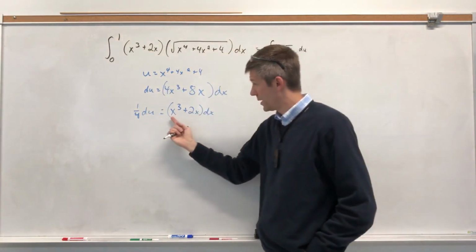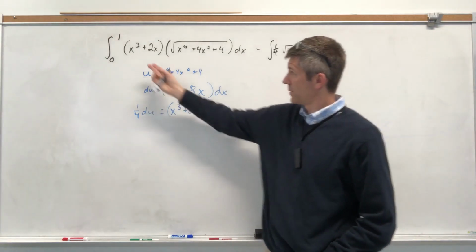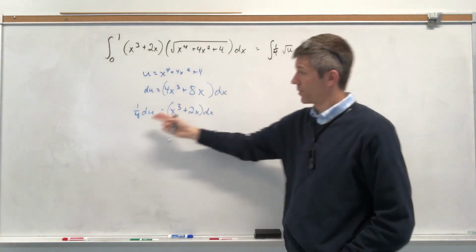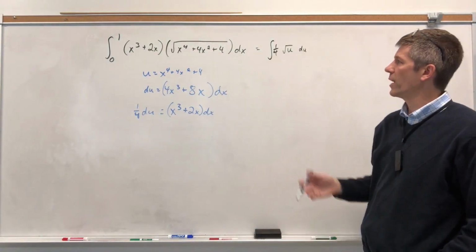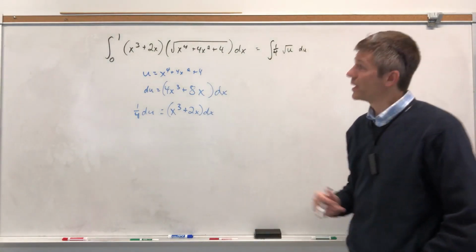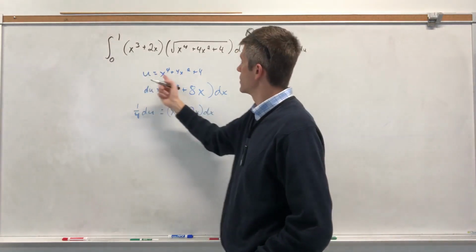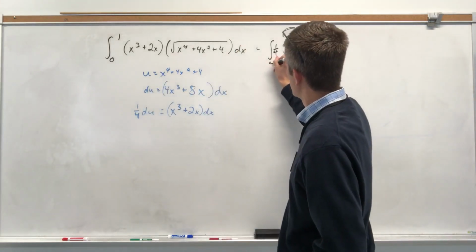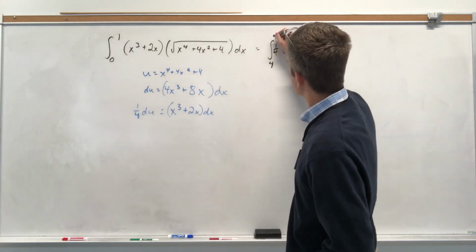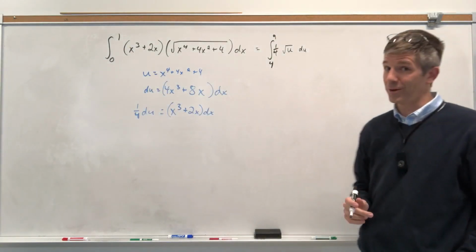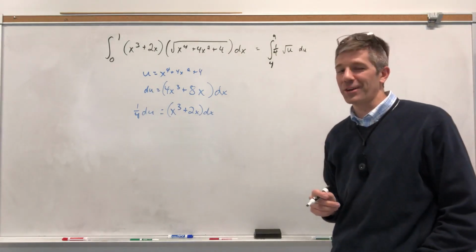Also, x cubed plus 2x dx is 1/4 du. Everything's accounted for. It's easy to look at that and say you're leaving stuff out. Nope, it's all there, except I haven't plugged in 0, and you get a 4. And I didn't plug in 1, which gives me 9. Conveniently, those are both square rootable. It was engineered that way.